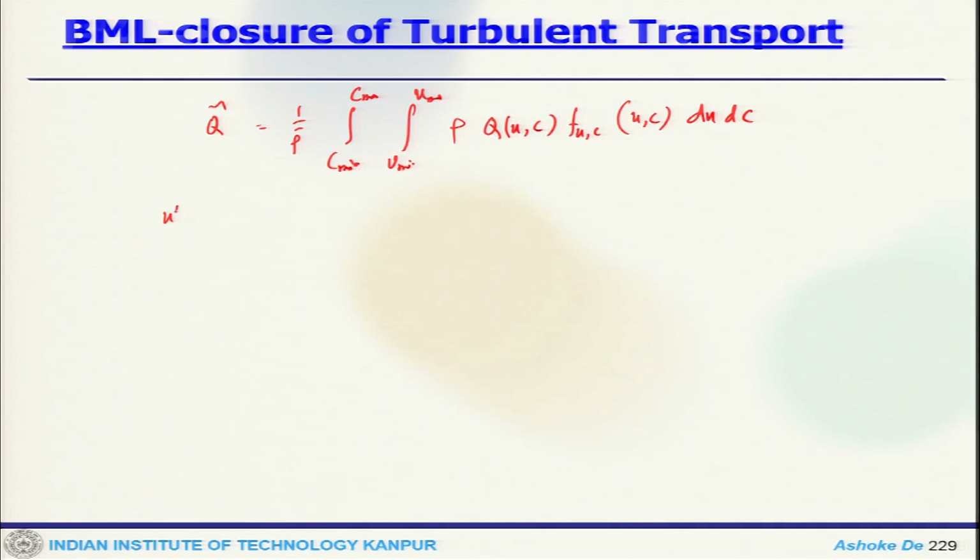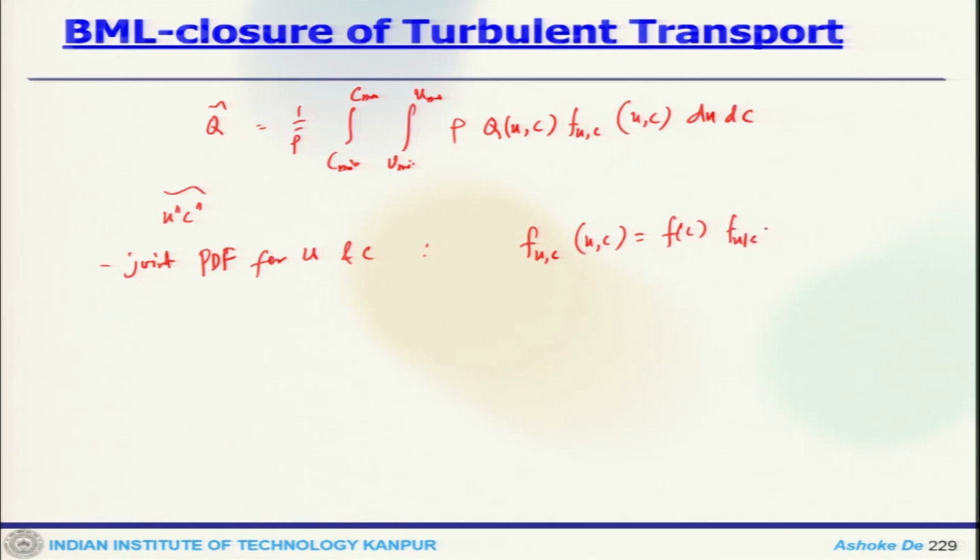correlate, this U prime by C prime, using either a joint PDF for U and C, which is FUC, FUC equals to FC, CUC, which is the Bayes theorem, or by introducing the BML approach for FC, which leads to FUC equals to alpha delta C, if conditioned at C, UC equals to 0.